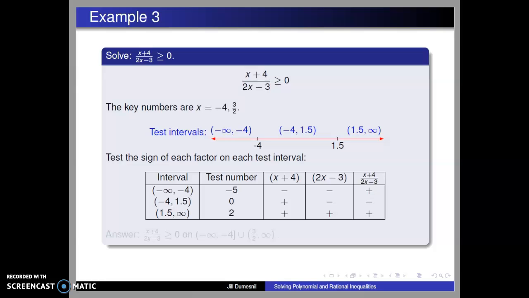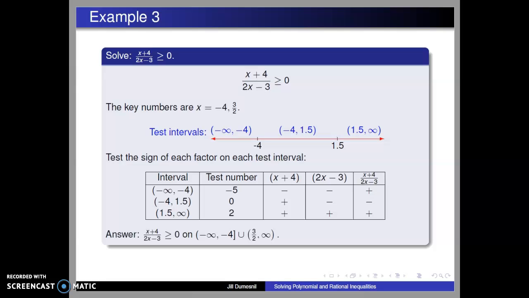Similarly, the denominator 2x - 3 is negative until we pass x = 1.5. We can compute the sign of the quotient by counting the number of negative factors. We want where the quotient is positive or equals 0.